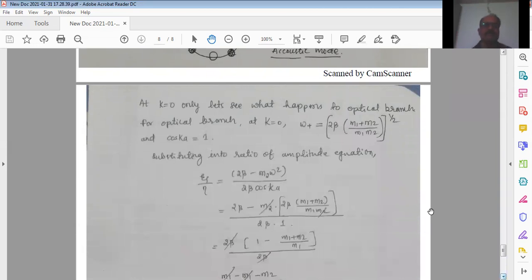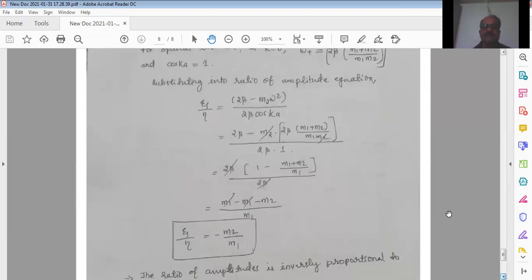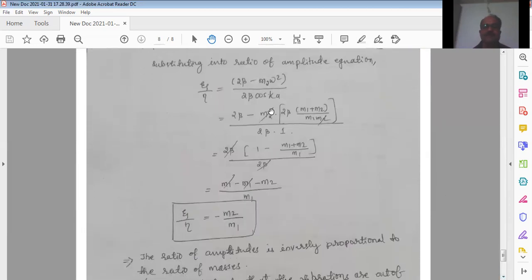Next, again at k equal to 0, let's see what happens to the optical branch. For the optical branch at k equal to 0, omega plus is given by this equation, and cos ka is again 1. Substitute into the ratio of amplitude equation. It is 2 beta minus m2 into that value, divided by 2 beta.